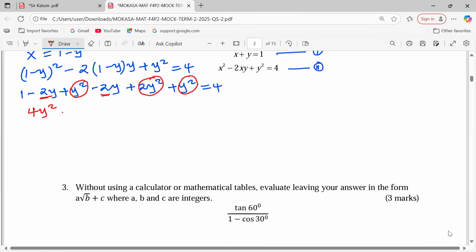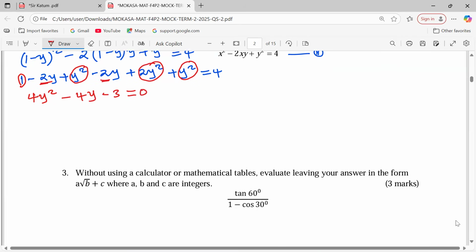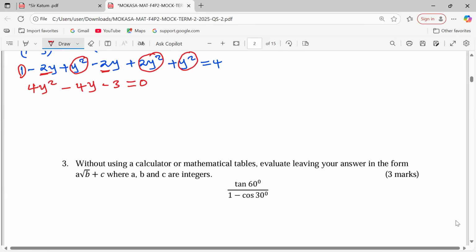That makes it negative 4y. Then something else that we have is 1, but 4 becomes negative on the left-hand side. So it will be 1 minus 4, making it a -3. This is equal to 0. If that is equal to 0, it means we have already established our quadratic equation. So we proceed to solve it.